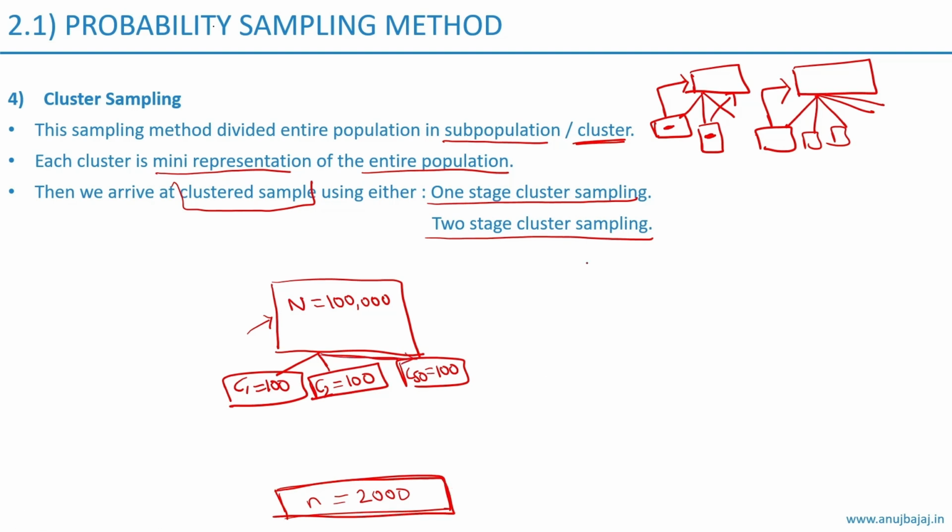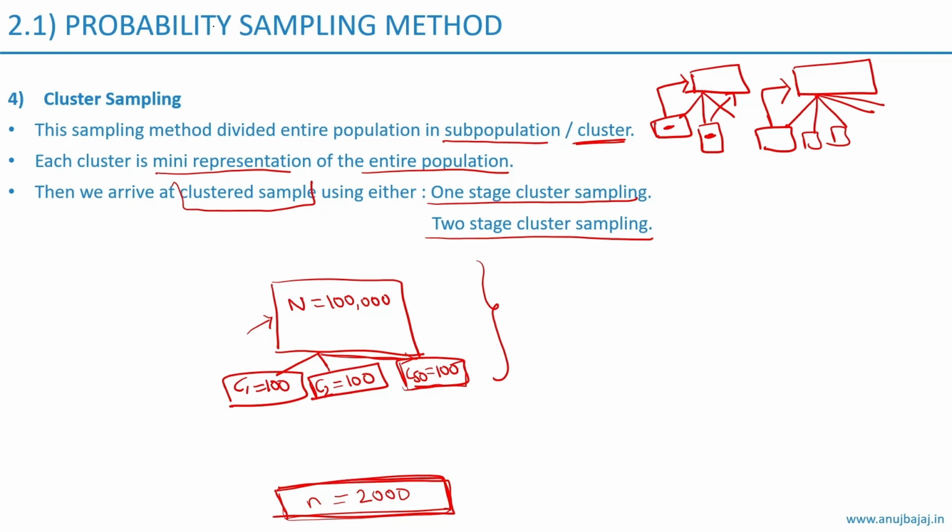So in a two-stage cluster sampling, the process of dividing the population into clusters remains the same. Out of the clusters that we have generated, in this case 50 clusters, we randomly select a few clusters, and within each cluster, we randomly select a few observations, and together we form a sample size of 2000 observations.